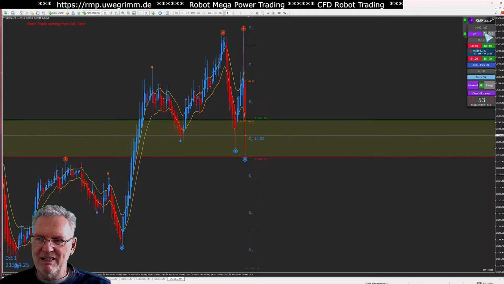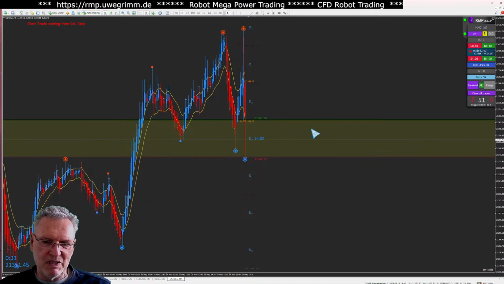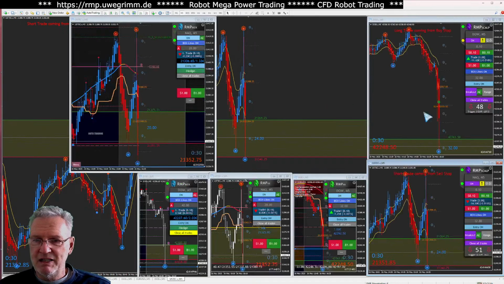So this skull means we are trading with the big lot size when we are trading with boxes, but of course we can additionally open big trades or small trades here with these buttons.